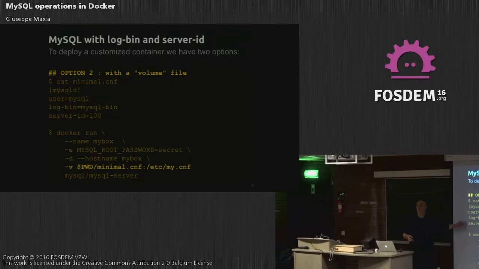I say the same thing that I did before, but in addition -v means use this volume, and I give the path of my minimal file and the path of the file that I want to be replaced inside the container. This way, instead of reconfiguring the server like I would do with Puppet or Chef in a virtual machine, I reconfigure the server at runtime. So this server will always be born with the option that I want.